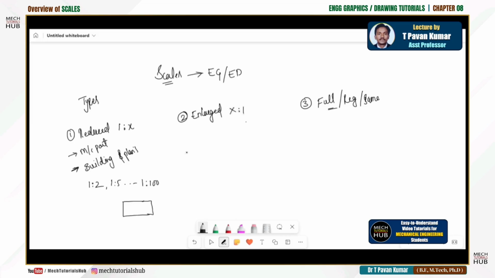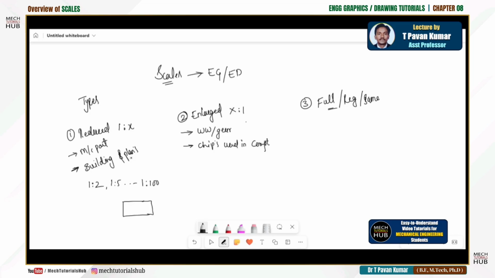X:1. This means small or very tiny components like wristwatches, small gears. I'll write down the examples: wristwatches, small gears used in watches and some other components, or chips used in computers. All these are very small, minute components, which if I draw or show on a sheet of paper look very small.